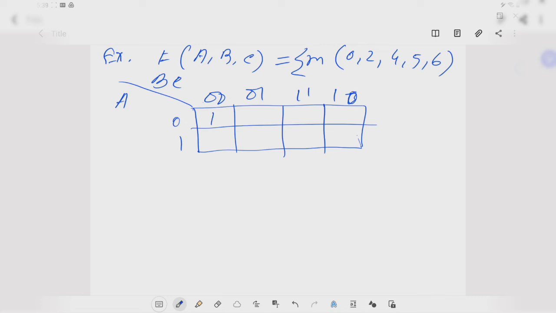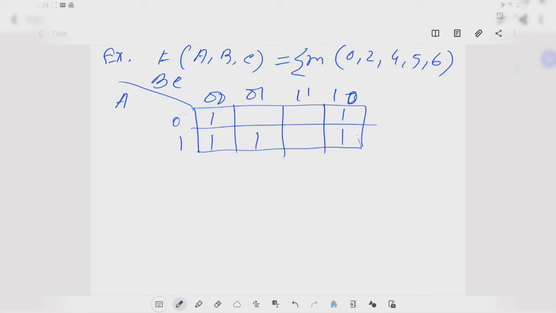Now for 0, yes. For 1, no. For 2, yes. 3, no. For 4, yes. For 5, yes. For 6, yes. For 7, no. Okay, so we got 5 ones in this K-map. We want to find the maximum number of ones which are consecutive and symmetric.